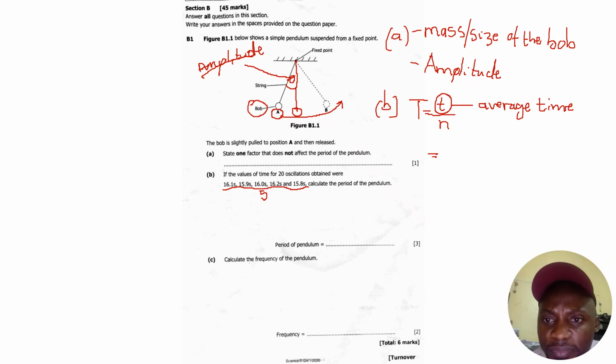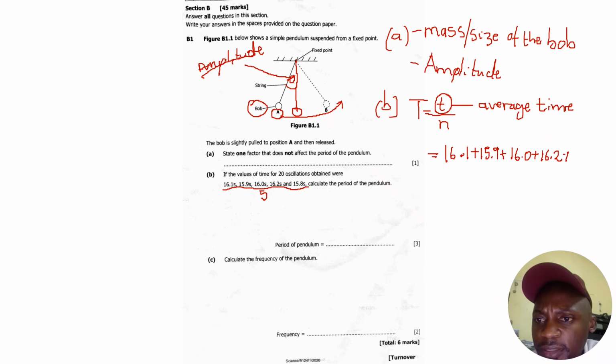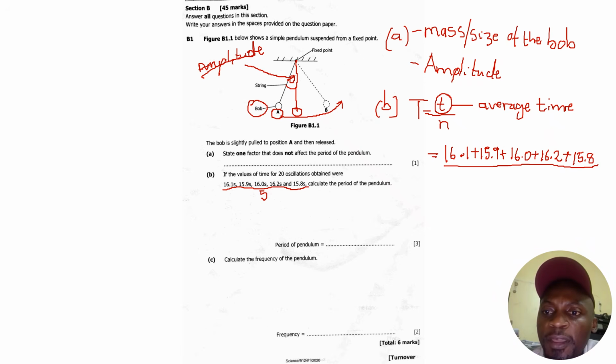So this gives us 16.1 plus 15.9 plus 16.0 plus 16.2 plus 15.8 seconds, divided by 5. Remember, this is the average.